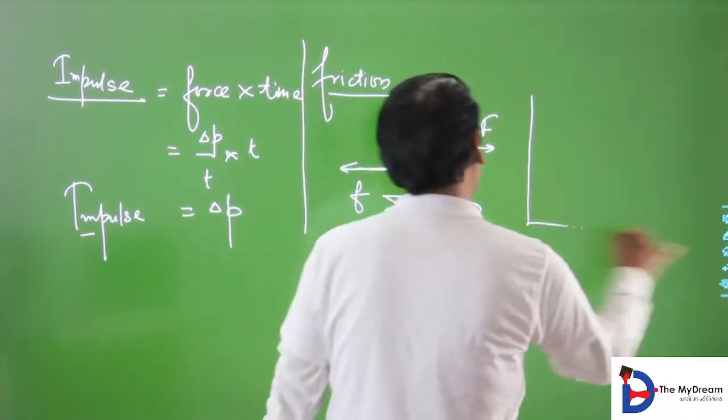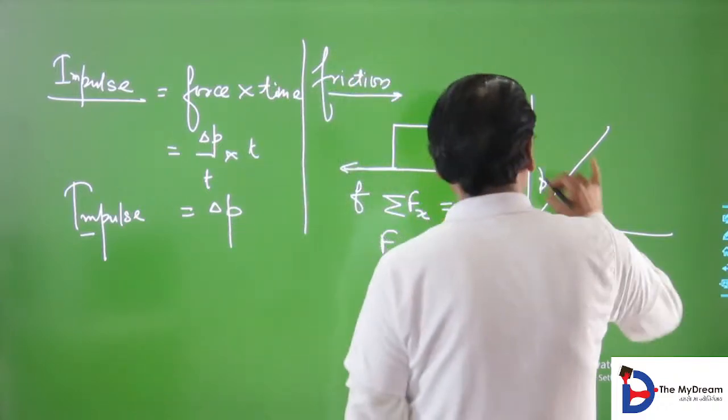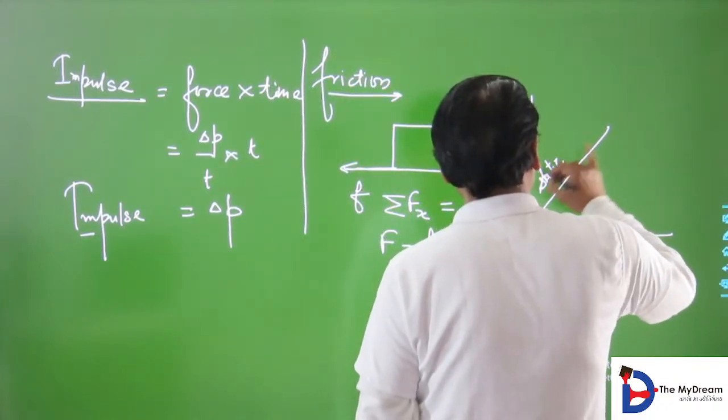So the graph will be like this, and this is for static friction.